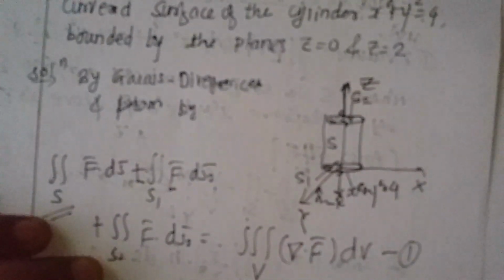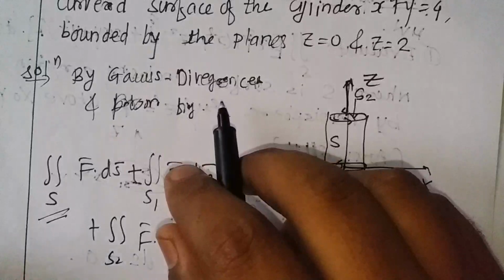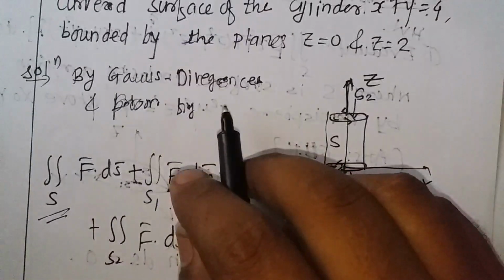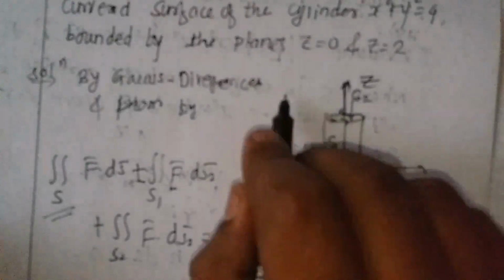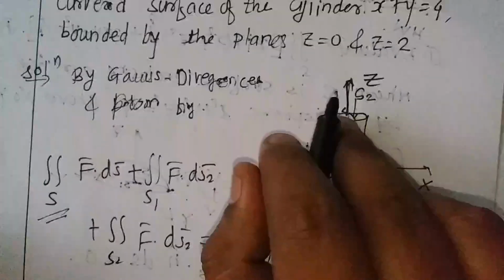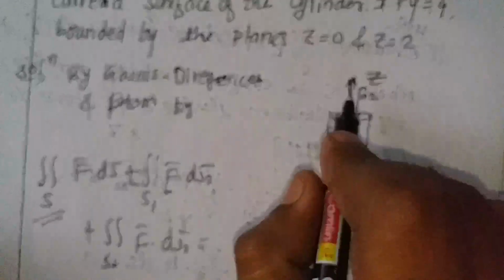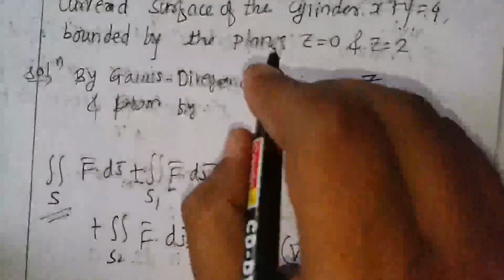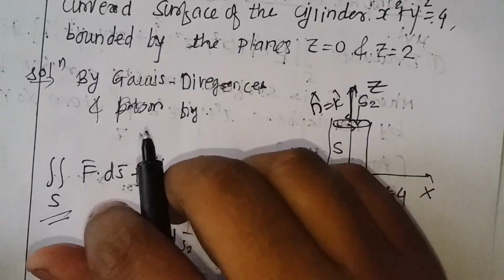If you see the S2 surface here, if you consider anti-clockwise direction, you will find that the positive z-axis is the unit outward normal to the surface. This is the direction of n cap, the normal's direction. It is perpendicular to the surface in outward direction. Therefore, n cap is plus k cap. Plus k cap is the direction of positive z-axis.